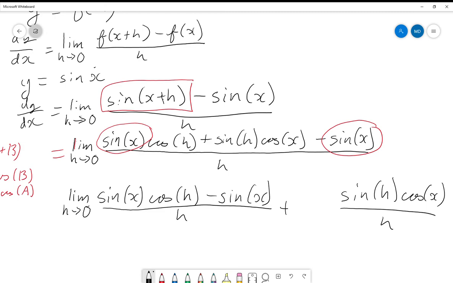But let's split the limit as well, because limits are linear so long as the limit exists. And so we end up with this.